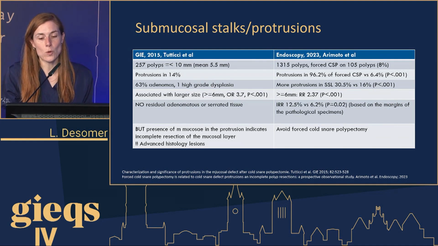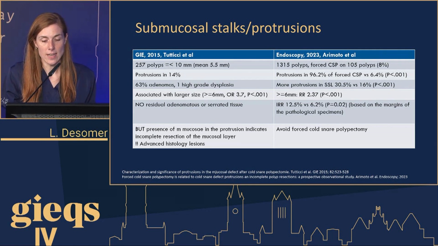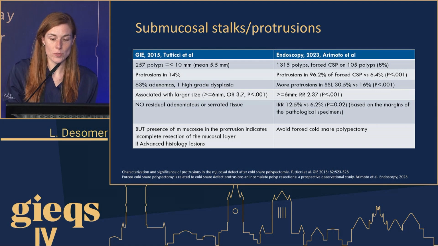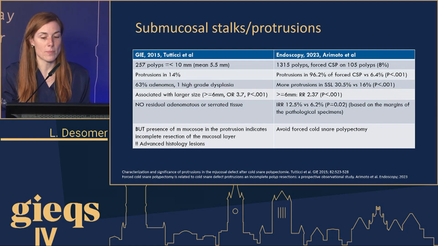And they see it more in serrated-related lesions. I cannot explain that. I don't know why that is. And incomplete resection rates were higher in the group with protrusions, based on margins of the pathological specimens.